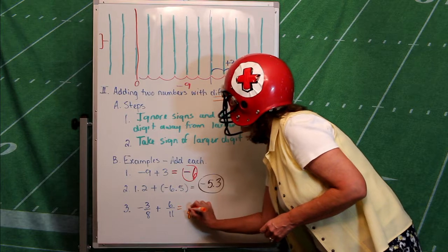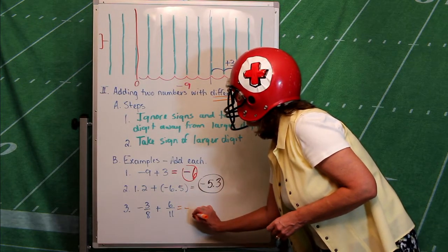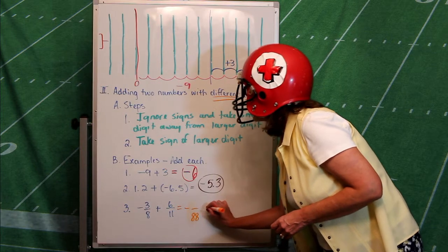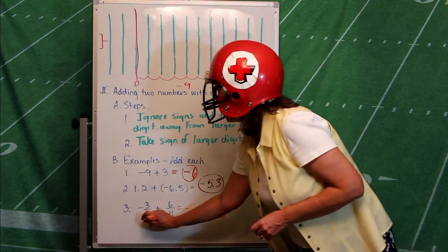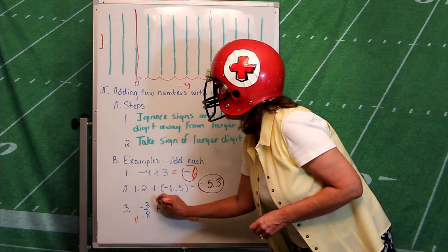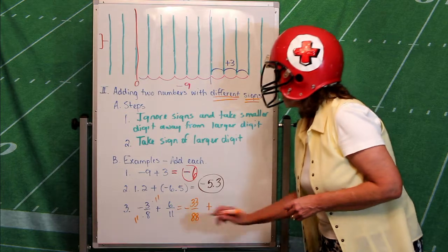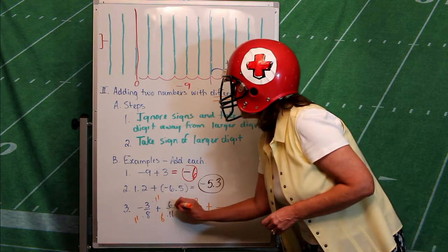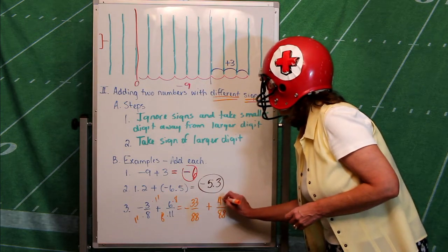So I'm going to convert everything to 88ths. Now that first one is still negative, and the second one is still positive. Now I'll multiply the 8 by 11, which means multiply the 3 by 11, giving me a -33 over 88. I'm going to multiply the 11 by 8, which means multiply the 6 by 8, giving me a 48.